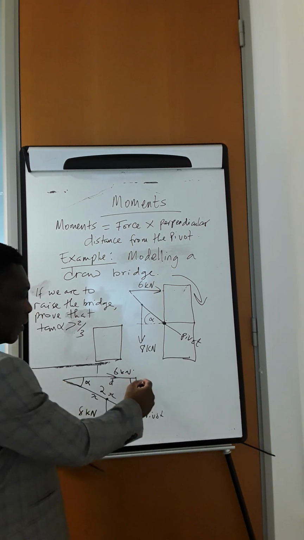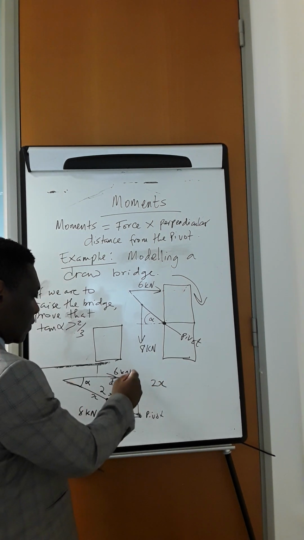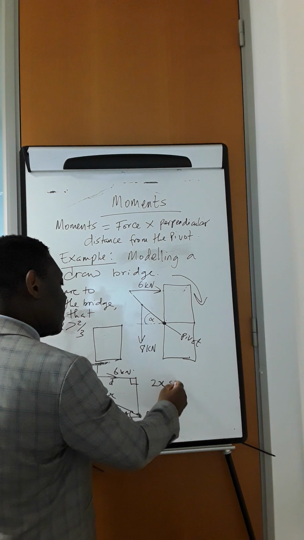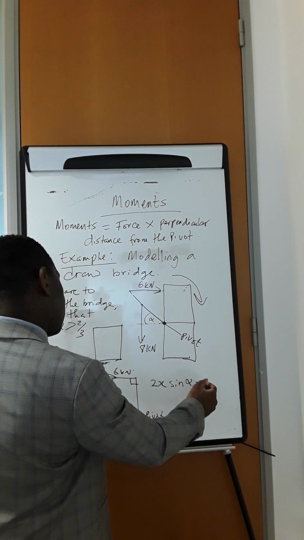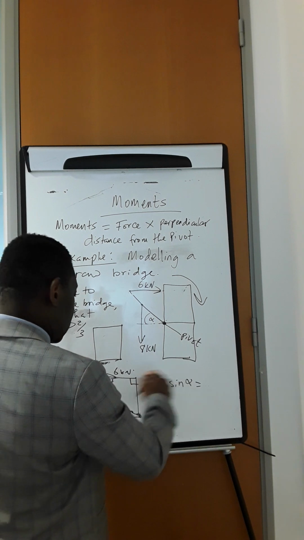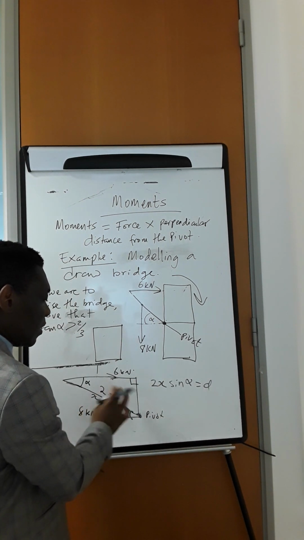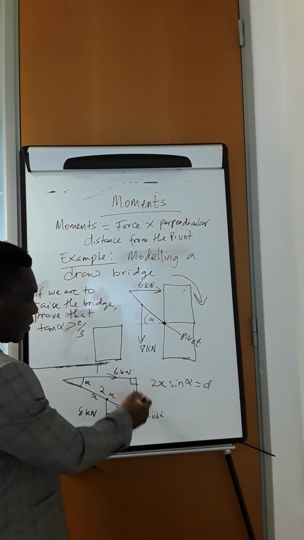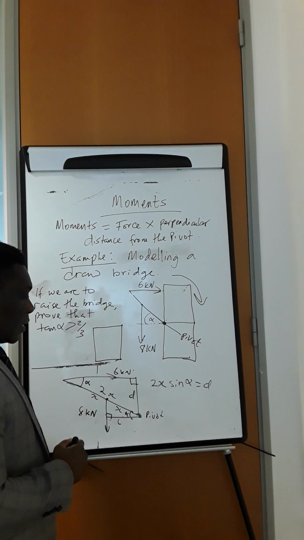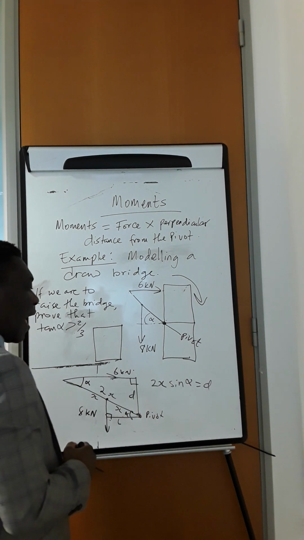So 2x sine alpha is equal to D. Sorry, this has to be D here, because the perpendicular distance is from the pivot. Right, that is the first perpendicular distance.